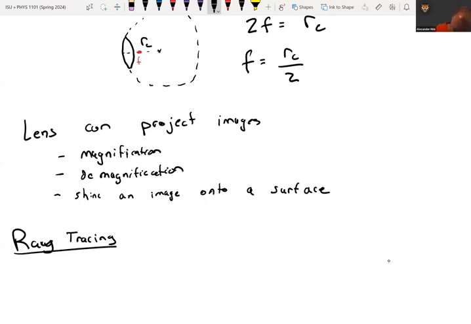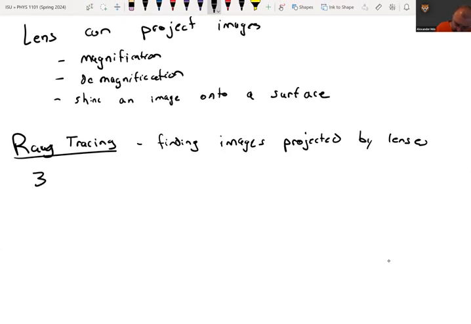Okay, so finding images projected by lenses. And there are 3 rules when it comes to ray tracing. And the 3 rules are not that difficult to remember, but they can be difficult to apply. So 3 rules.